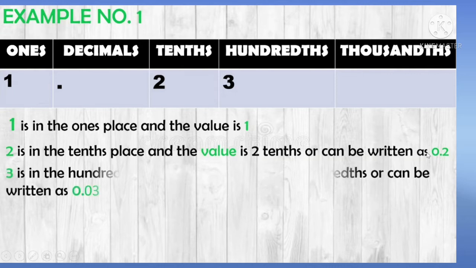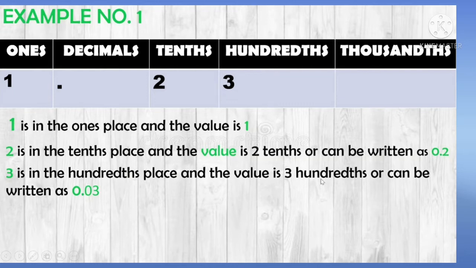The next, 3 is in the hundredths place and the value is 3/100 or can be written as 0.03. So as you can see, the 3 is in the place value of hundredths. Its place value is hundredths and its value is 3/100. Okay? And when we write it in decimal form, we have 0.03.